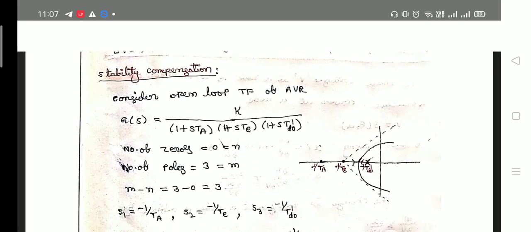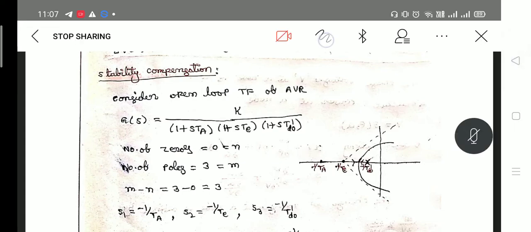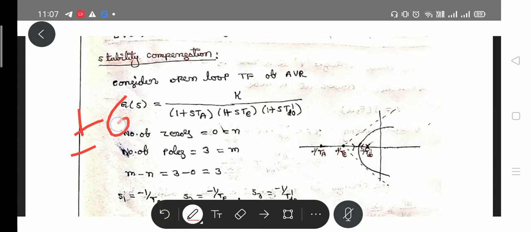For example, I'm taking TE as the centroid point. From this centroid we can draw the angle of asymptote. We found the angle of asymptote as plus or minus 60 degrees, right? We can draw the 60 degree angle by using a protractor.